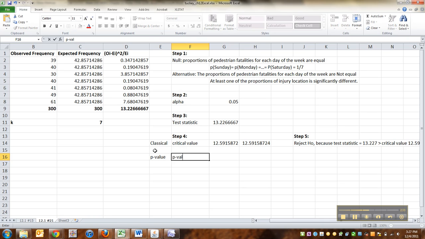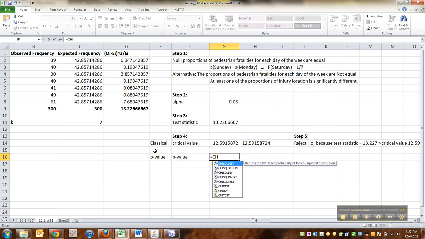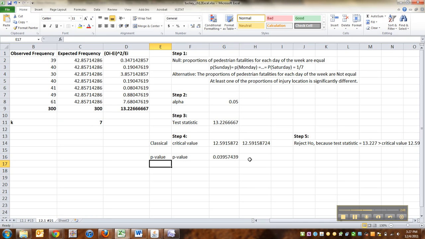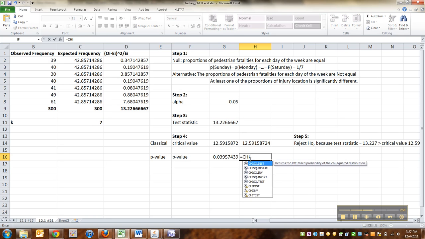The p-value is going to be equal to CHISQ.DIST.RT, that test statistic, comma, 7, take away 1. Old school Excel would be CHIDIST, 13.27, comma, 7, take away 1.